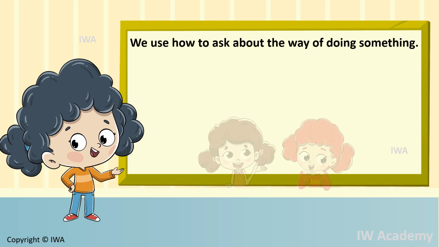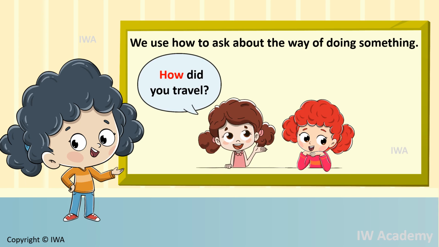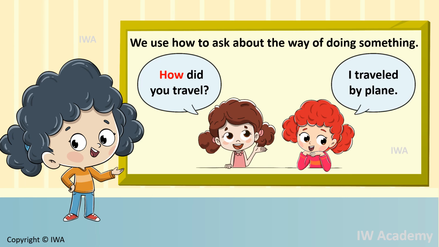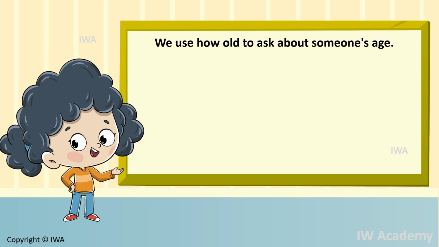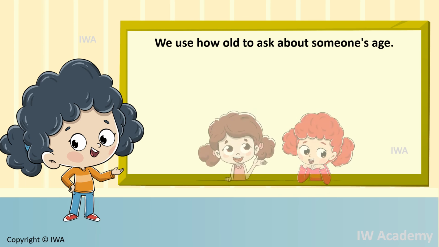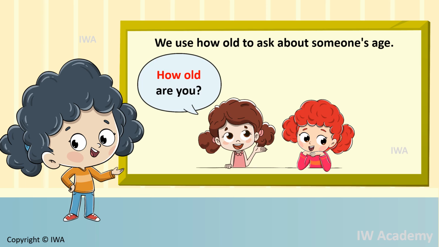For example, how did you travel? I traveled by plane. We use how old to ask about someone's age. For example, how old are you? I am 10 years old.